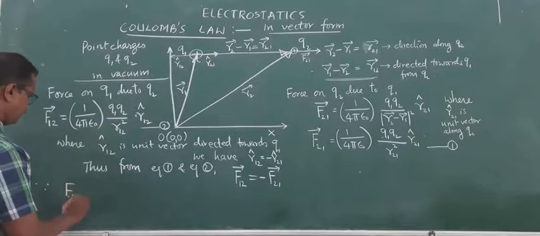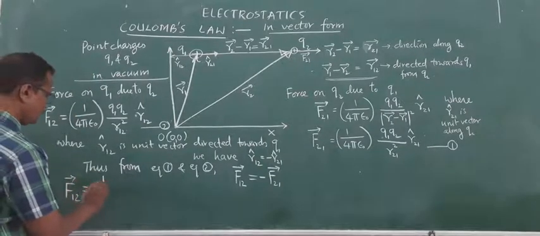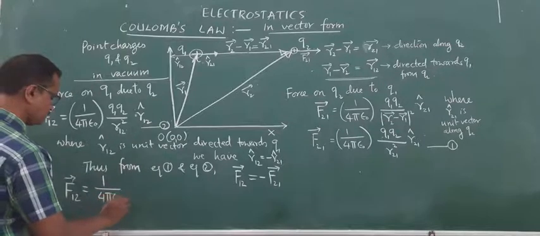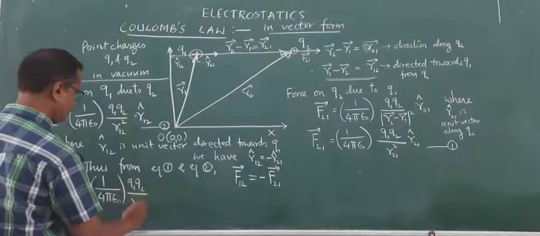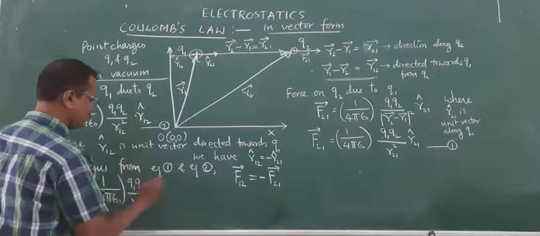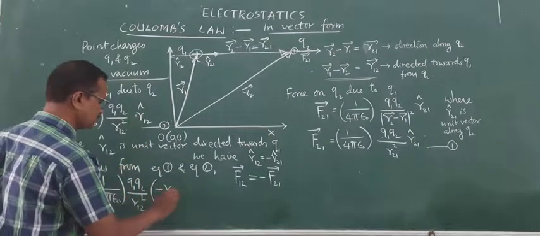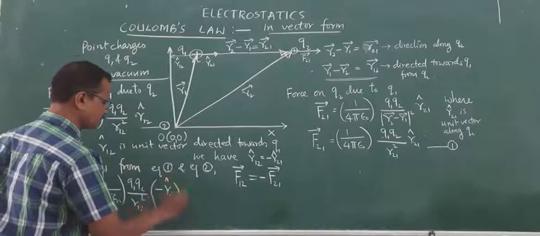We get F12 vector is equal to 1 upon 4 pi epsilon Q1 Q2 by R12 square, and the R12 vector is nothing but minus R21 vector.